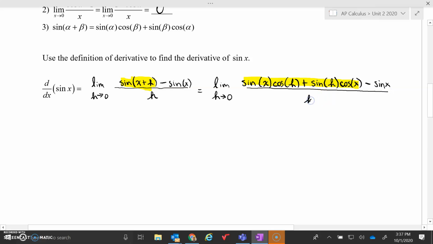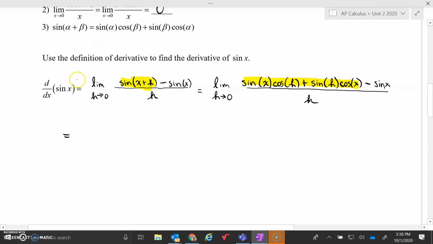It's all over h. I know that you guys know how to reorganize terms, but it might not come naturally to you to reorganize the terms the way I'm going to reorganize them. I'm reorganizing them this way because people before us have already done the hard parts. So what I'm going to do is show you how you can get to using properties 2 and 1 that I described above.